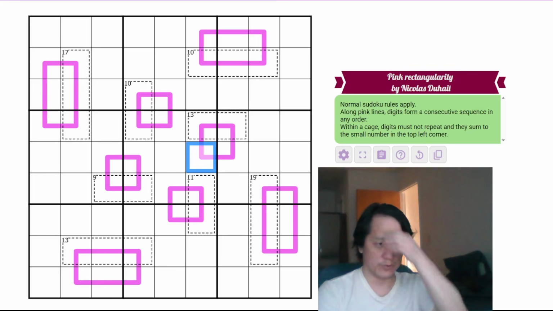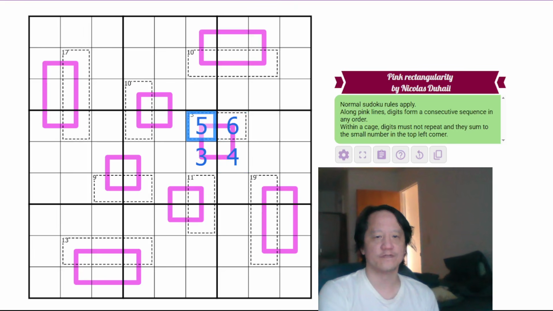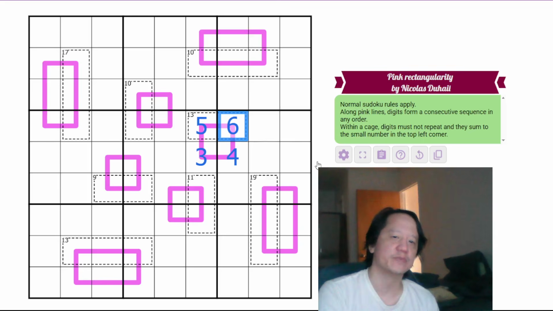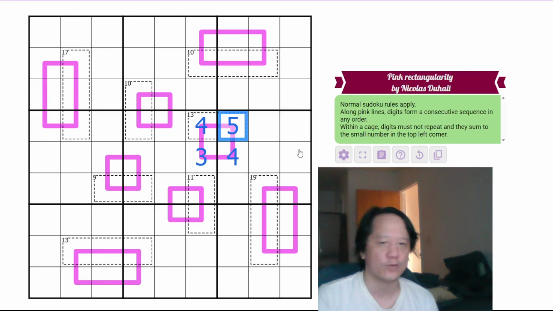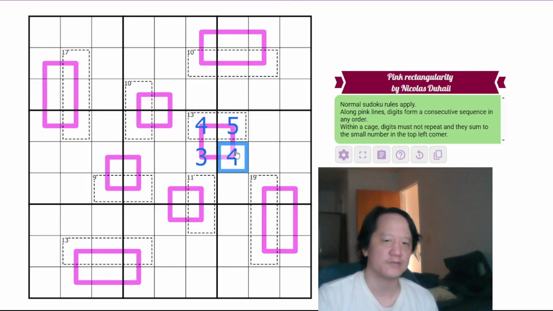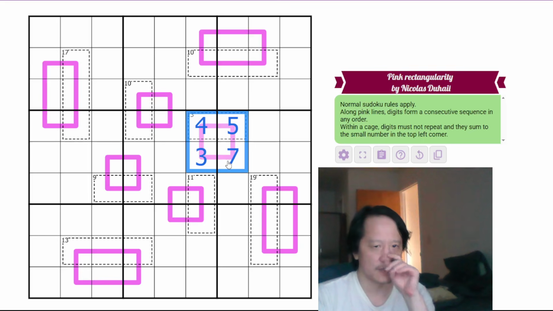So, for example, you could have something like 3, 6, 4, and 5. And that would be valid because 3, 4, 5, 6 is a consecutive sequence. You could not have something like 3, 4, 5, 4. That's not a consecutive sequence. You also could not have something like 3, 4, 5, 7, because that's not a consecutive sequence.